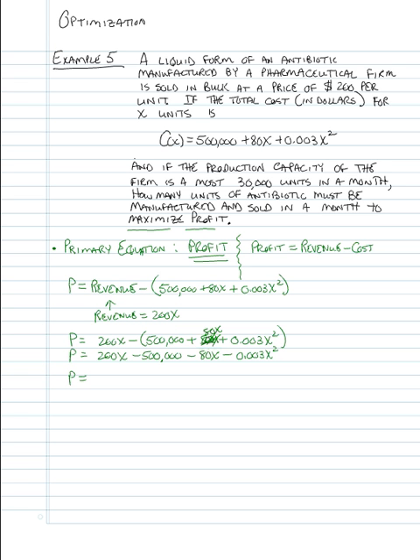Let's write this as negative 500,000. 200x minus 80x is positive 120x, isn't it? And then minus 0.003x squared. So I need critical numbers, okay?